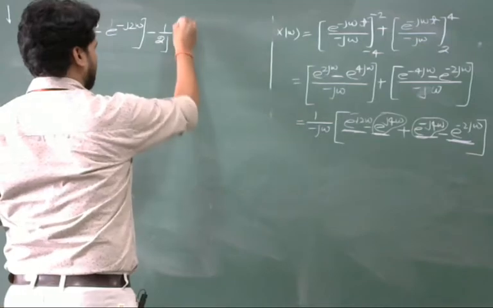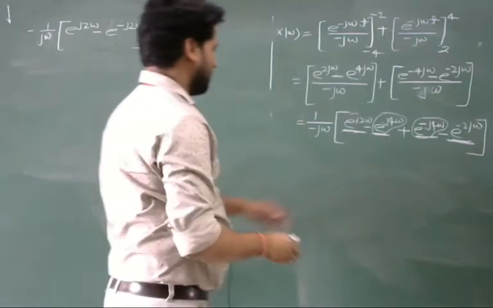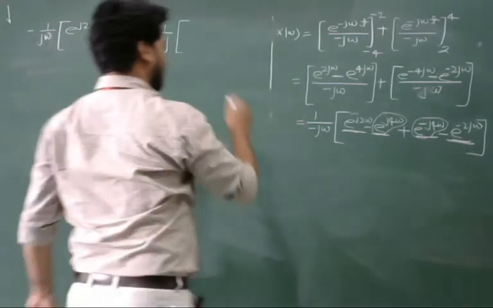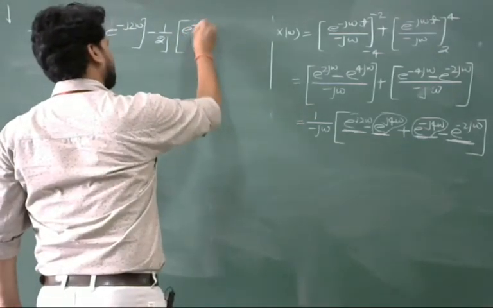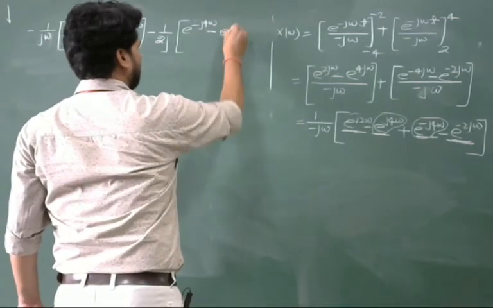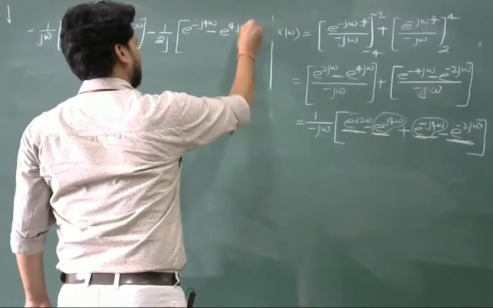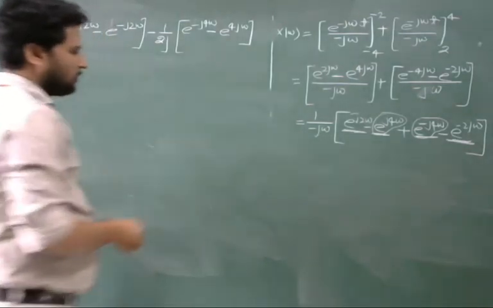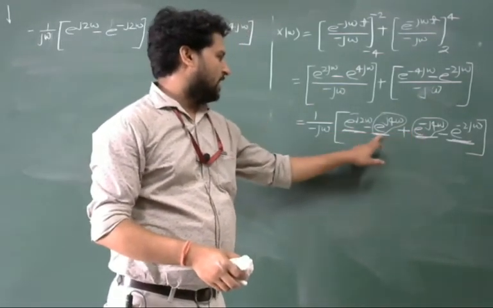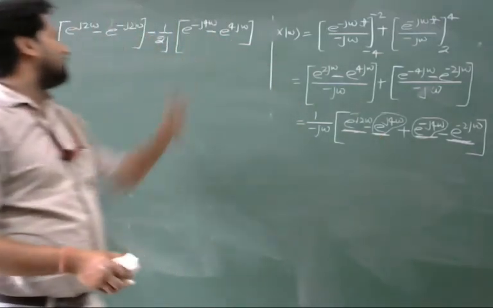This will become here e power minus j4 omega minus e power plus j4 omega.